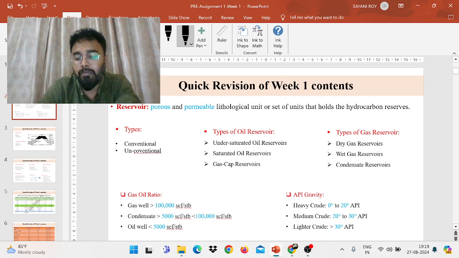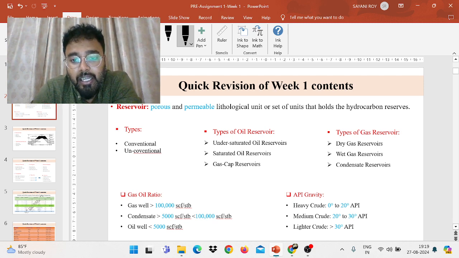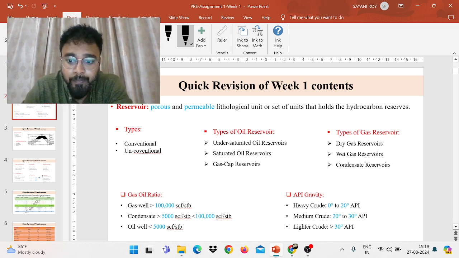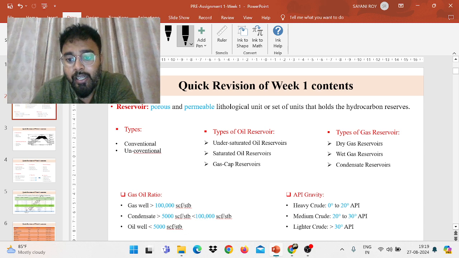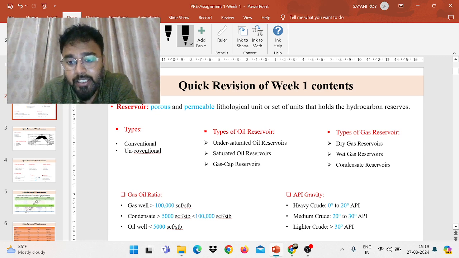At depth, the pressure and temperature are very high, but at the surface they come to normal standard pressure and temperature, which is 14.7 psi for pressure and 60 degrees for temperature. At this pressure and temperature, some liquid may try to condense out from the gas.